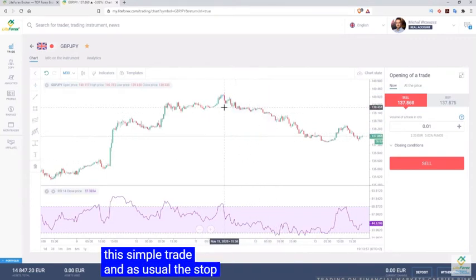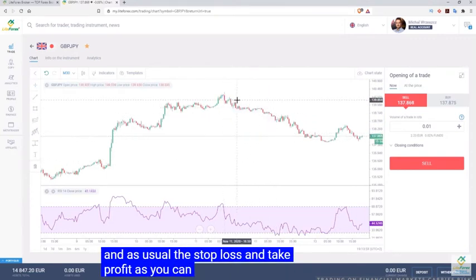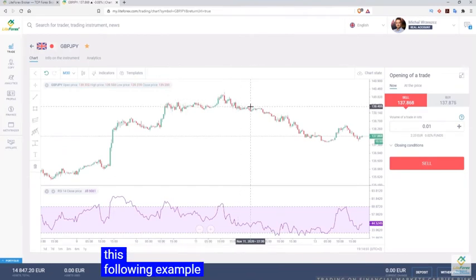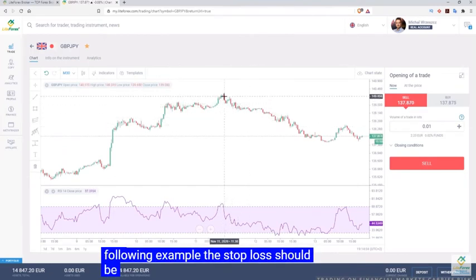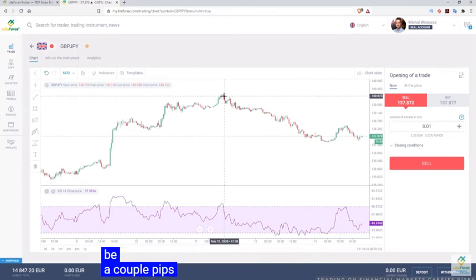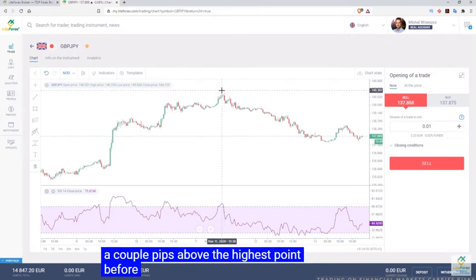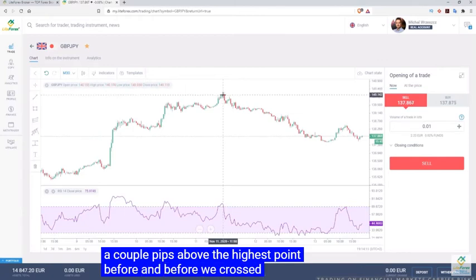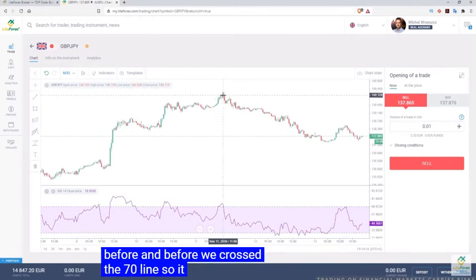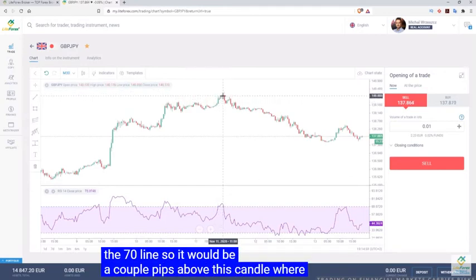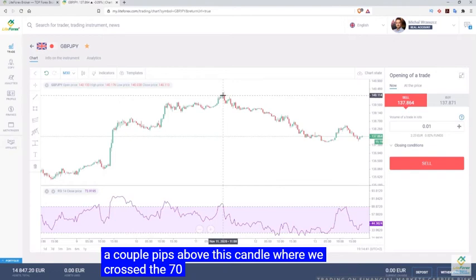And as usual, the stop loss and take profit, as you can probably deduce from this example: the stop loss should be a couple of pips above the highest point before we crossed the 70% line. So it would be a couple of pips above this candle where we crossed the 70% line.